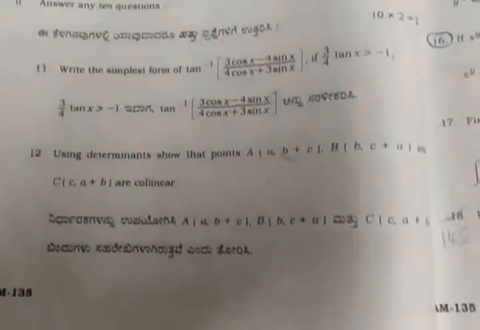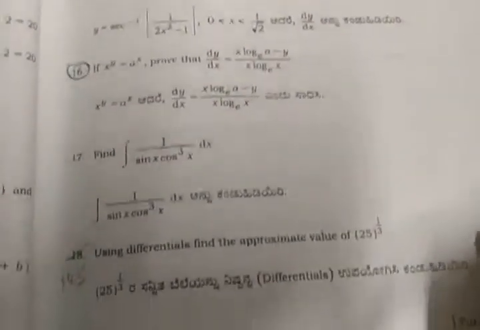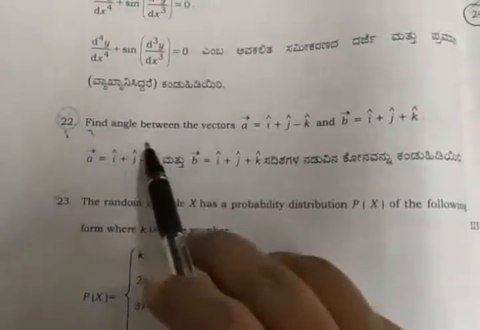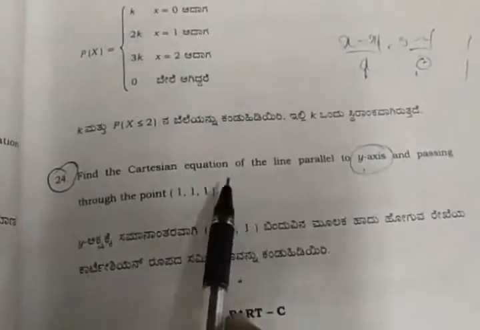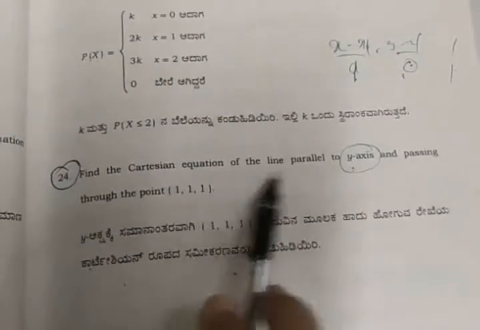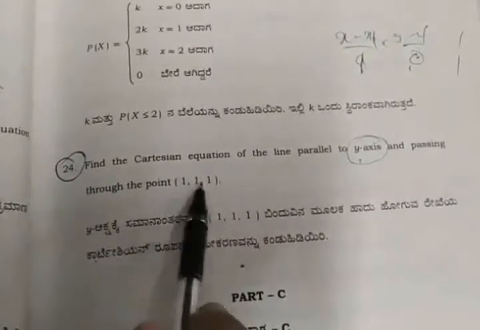And then in 2 marks, yeah, here you find the angle between the vectors, this is the vector chapter. So yeah, here we find the Cartesian equation of the line parallel to the y-axis and passing through the point 1, 1, 1.